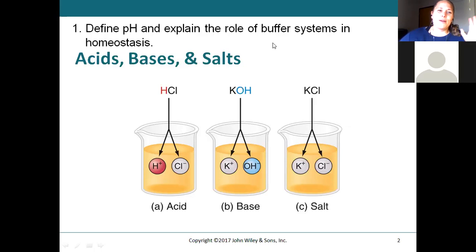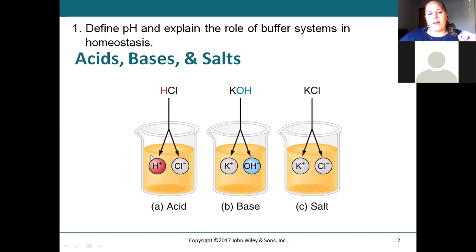Thanks, Ethan. So in terms of defining pH, it's important to recognize that an acid is defined as a high number of hydrogen ions. With these types of molecules, you have the dissociation into a positive and negative.